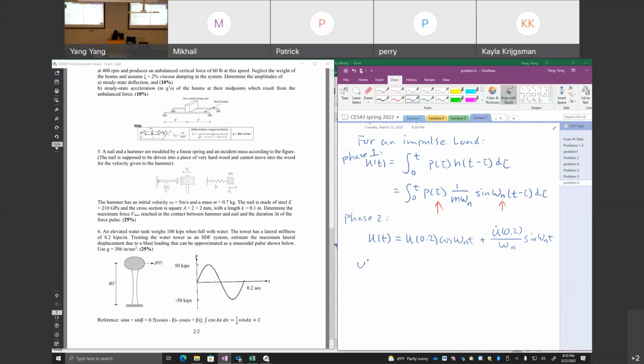Omega n is pretty easy: it is the square root of k over m. So we should be able to calculate omega n in this case.